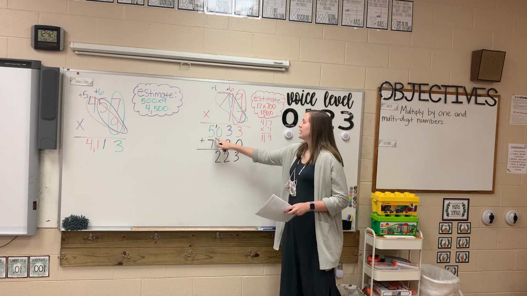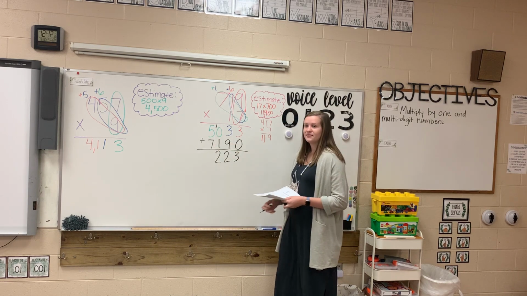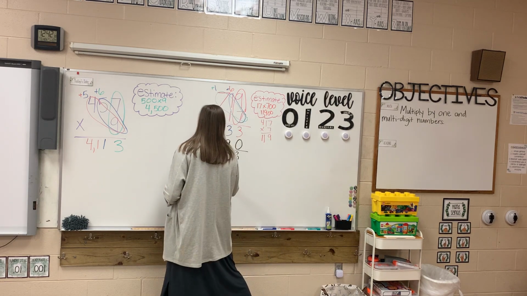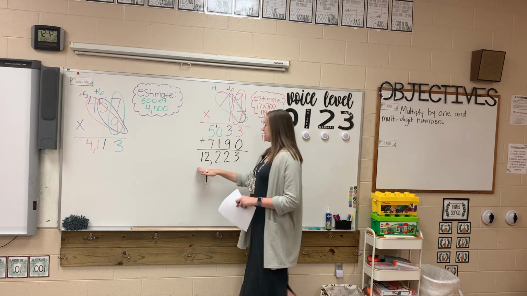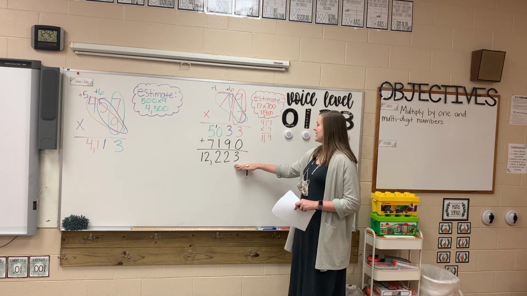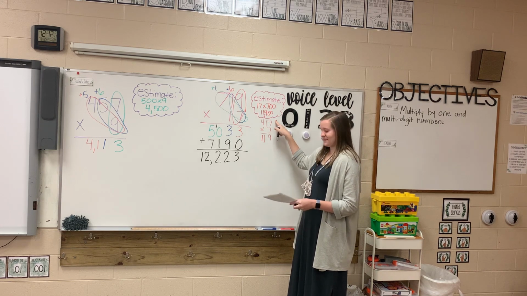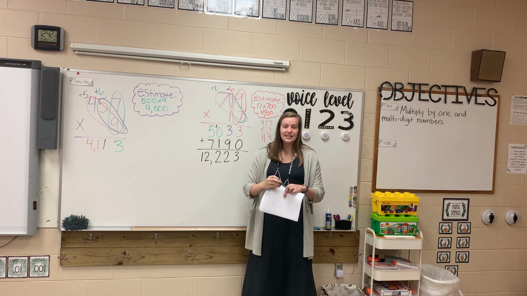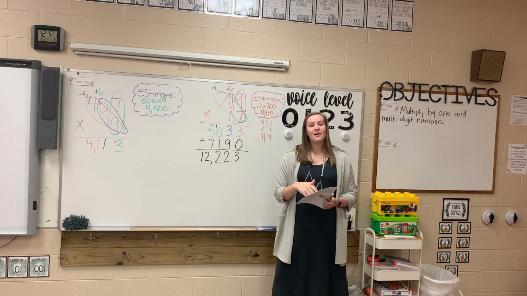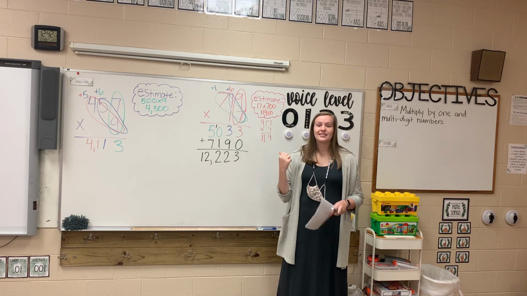And lastly, what is 7 plus 5? 12. So our answer is 12,223, which is pretty close to our estimate, right? That's right. Awesome job, guys. We're going to move on to the second video below, and we're going to show 2 different ways to multiply.